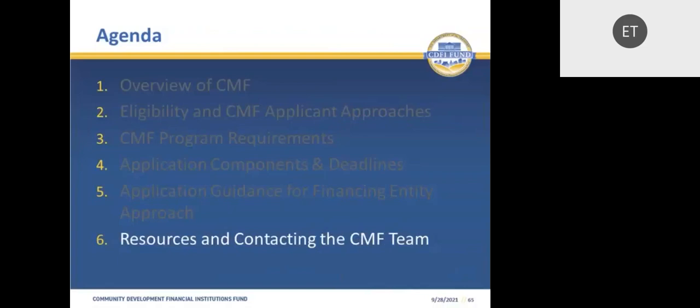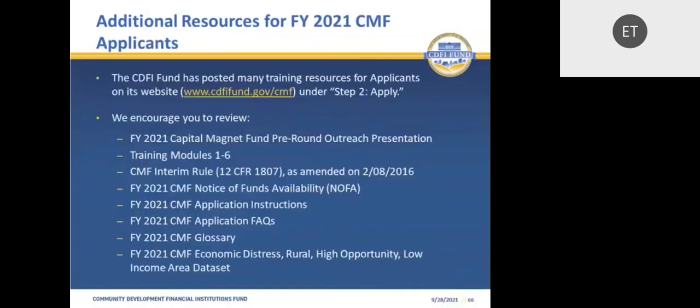Thank you, Paula. So we're almost at the finish line. So let's talk a little bit about some additional resources and tools that you have at your disposal. We have a lot of training resources on our website. If you click on Step 2, Apply, we specifically encourage you to review the 2021 CMF pre-round outreach presentation, the 6 training modules that Paula talked about, the CMF interim rule, obviously the NOFA, application instructions, application FAQs.